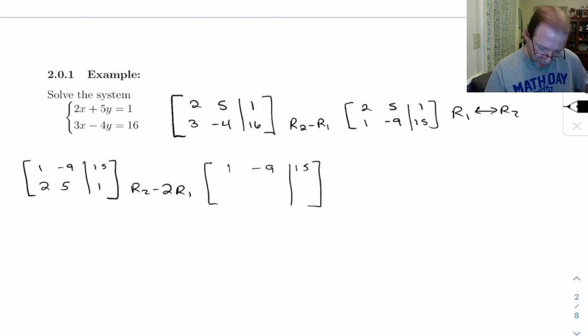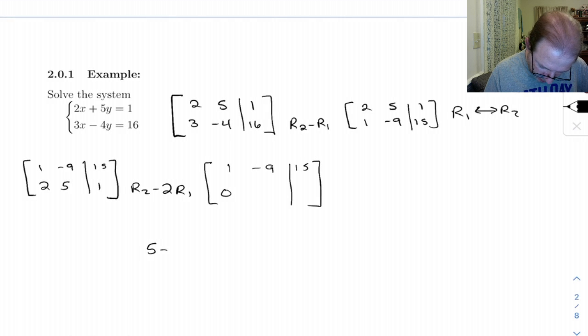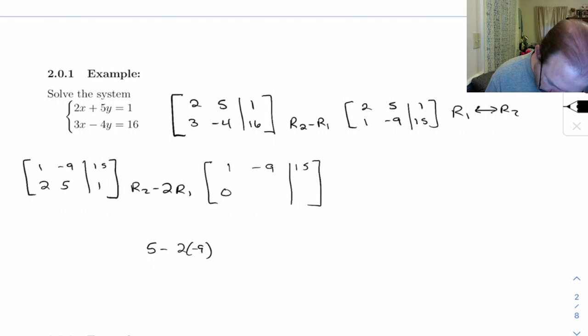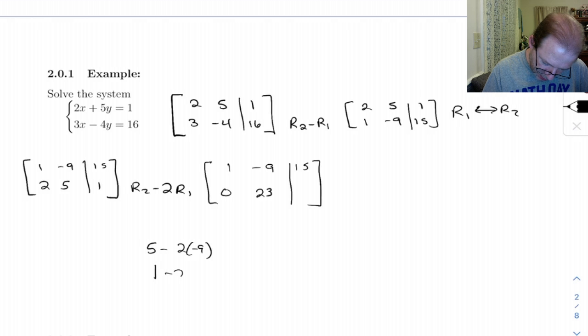All right, so that's going to be 2 minus 2. It's going to be 5 minus 2 times negative 9. So that's 5 plus 18 is 23. And then we do row 2. So 1 minus 2 times 15, that gives me negative 29.